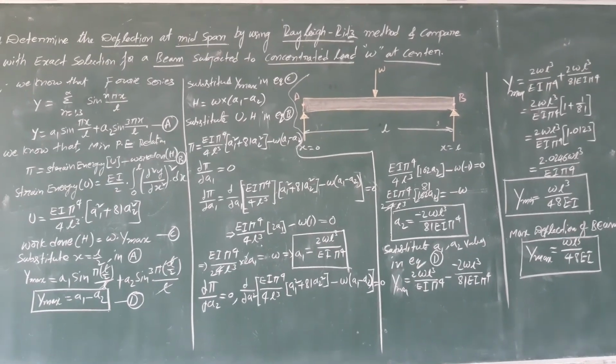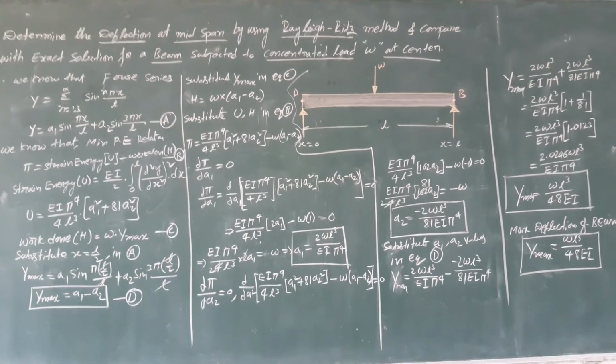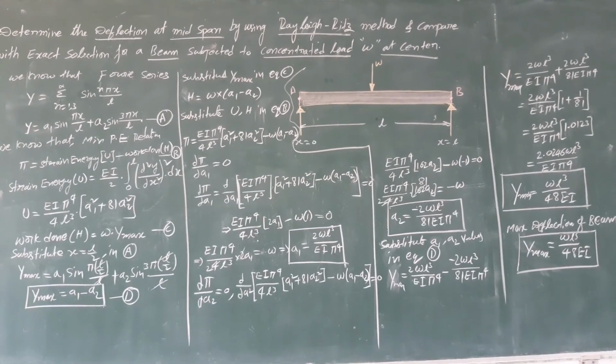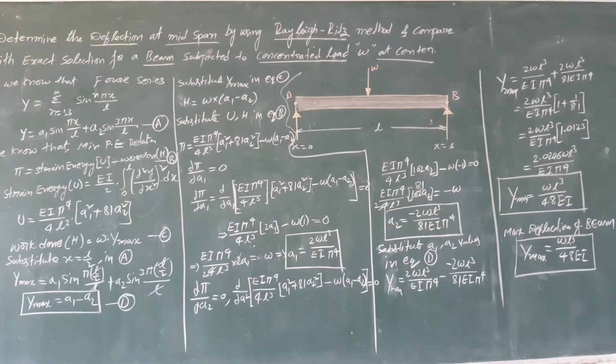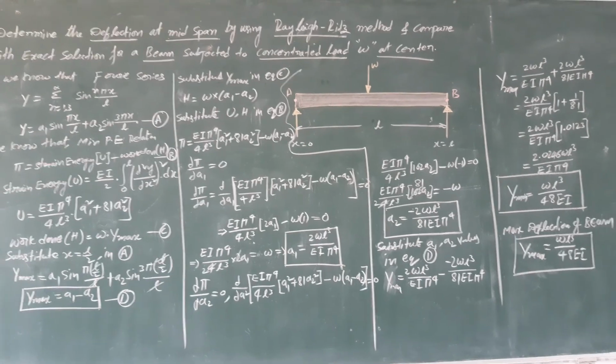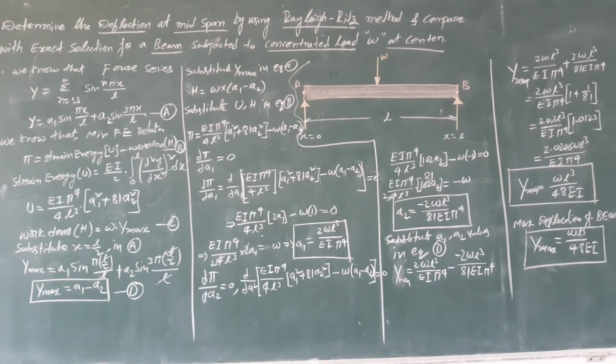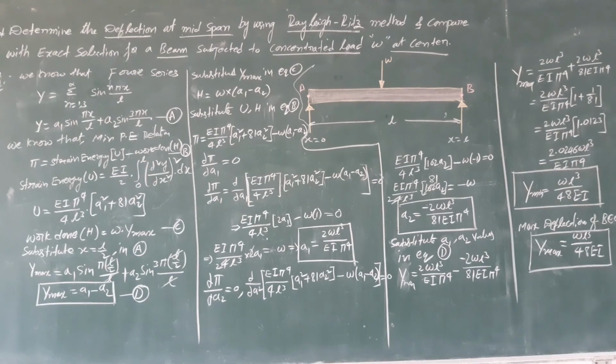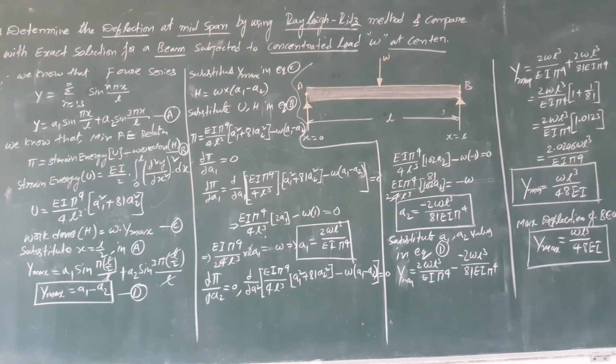Here also, through the Rayleigh-Ritz method, we got Ymax equal to WL cube by 48 EI. This is the way to determine the deflection at midpoint by using the Rayleigh-Ritz method.